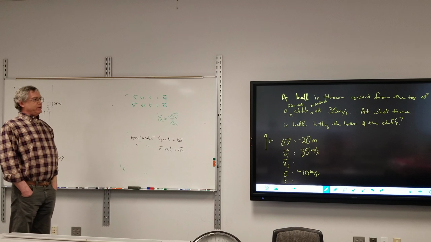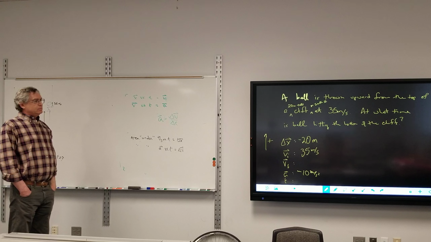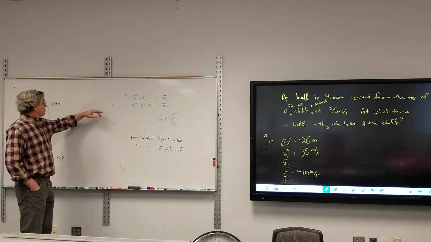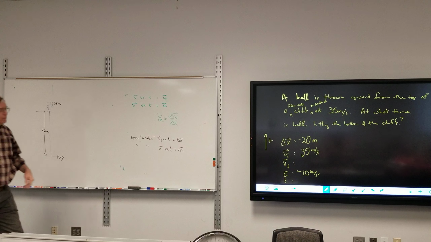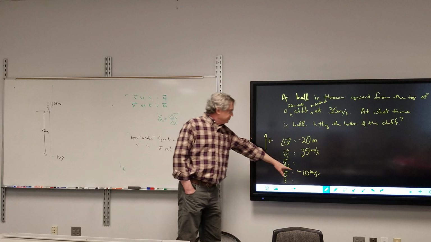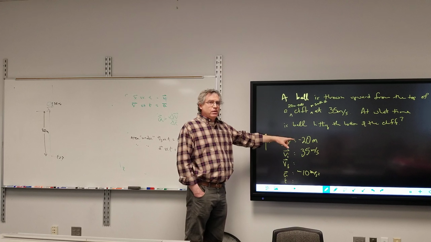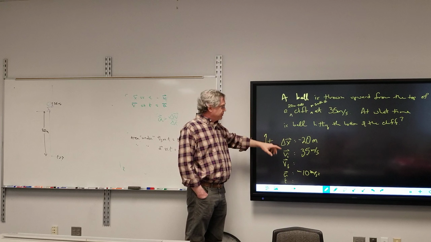If you made the acceleration positive, then you're throwing it upwards. It's accelerating in the same direction as the velocity, so it's just going to get faster and faster as it goes up. And so what you should end up with, if your displacement is negative 20, is something that makes no sense. So if this were positive, and this is positive, and that's negative, you'll end up with some bizarre answer.